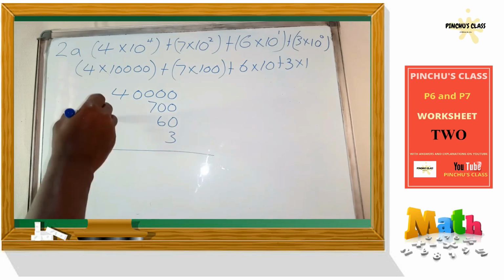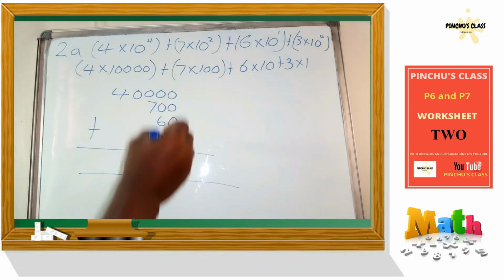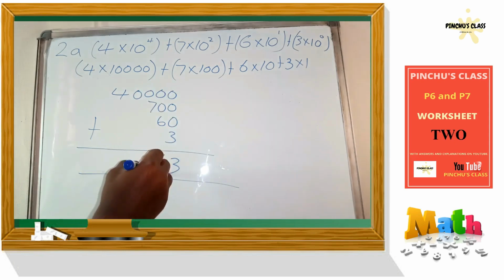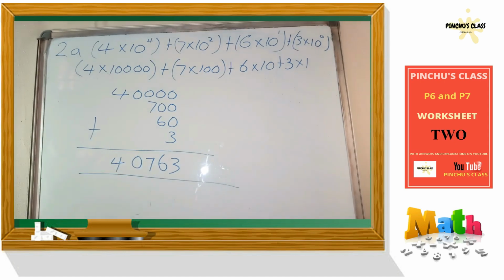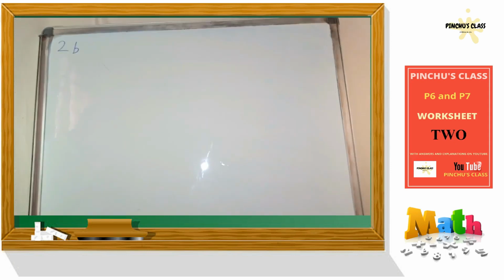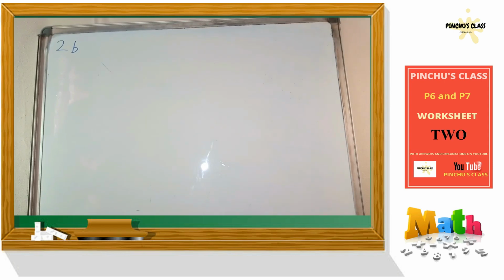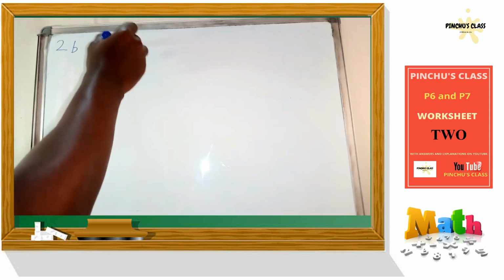So we add these ones. When we add them, this is going to be 3, this is going to be 6, this is going to be 7, this is going to be 0, and this is going to be 4. And therefore our number which has been expanded is 40,763.